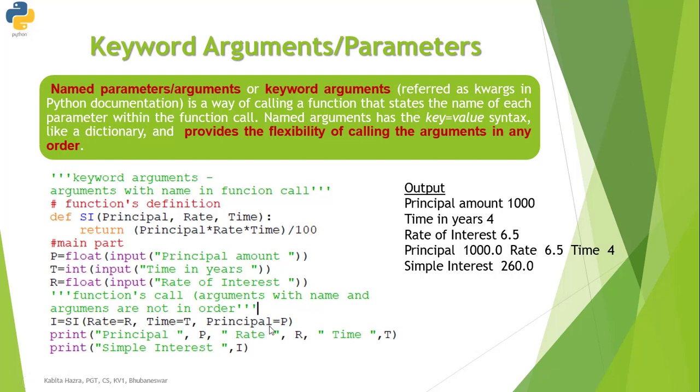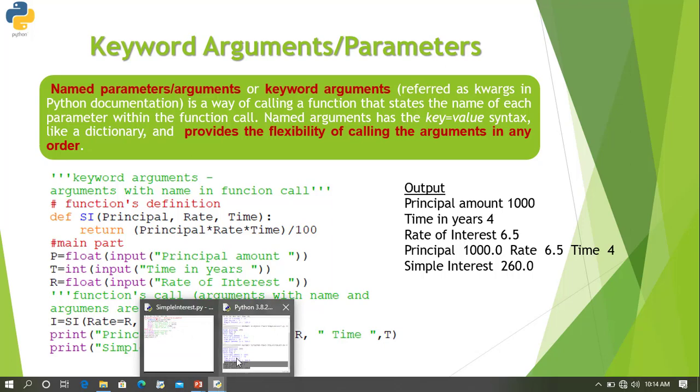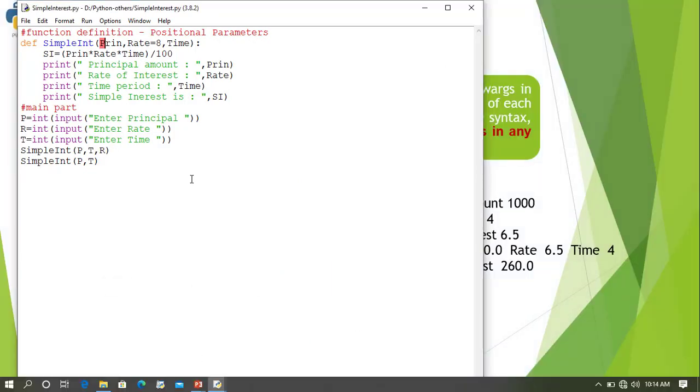Okay, so again let us have this example of simple interest and let us have keyword arguments. So this time, instead of having the default value, this is an example for keyword parameters, or named parameters rather.